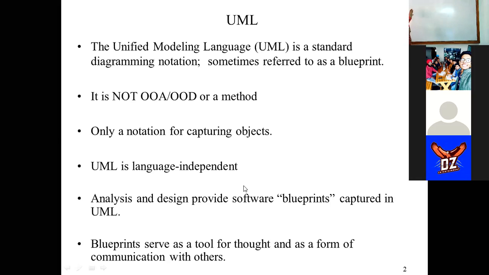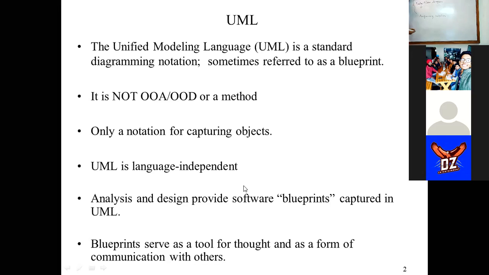So as I already told you, we were discussing data flow diagrams. So why does the need for UML arise? We were discussing data flow diagrams and structure charts earlier, and they are both diagramming notations that tell you about modules and data flow.